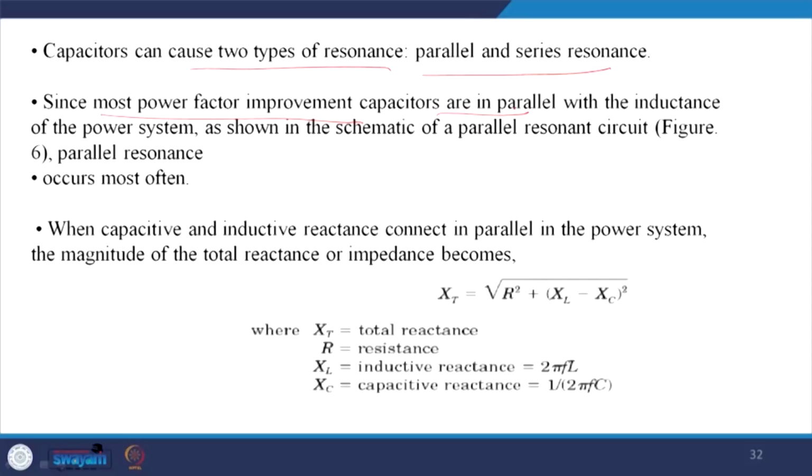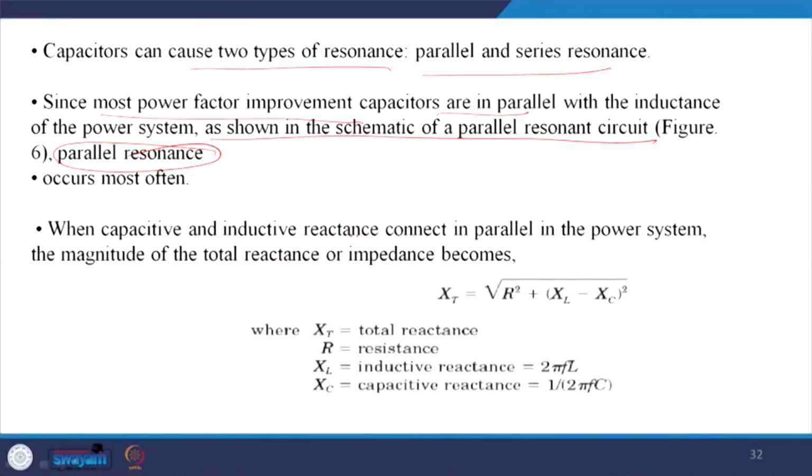Since most power factor improvement capacitors are in parallel with the inductance of the power system, as shown in the parallel resonance circuit in the next figure, figure 6, we will have a parallel resonance. And what happens in parallel resonance? It behaves like a resistive network, but with a high value of impedance.